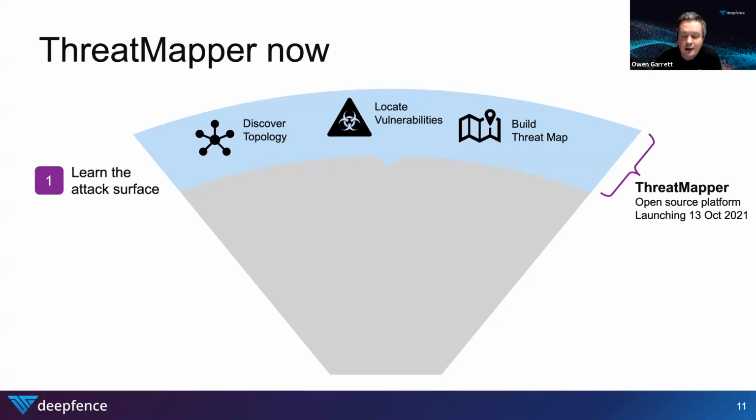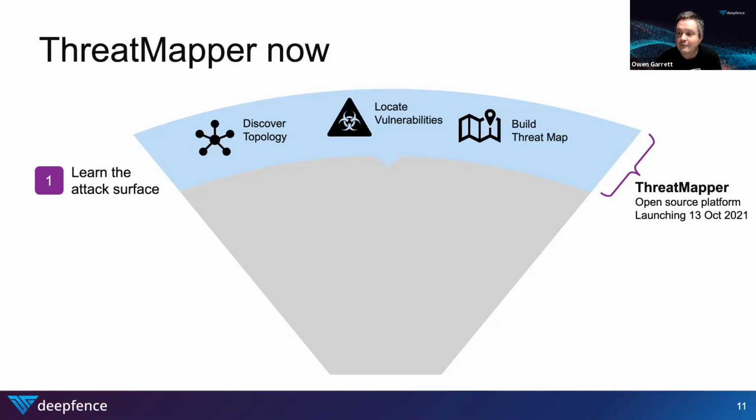In that release, ThreatMapper is able to discover the topology of the applications running on your infrastructure, supporting multiple clouds, so querying Google, Azure, Kubernetes, Fargate, serverless, and other environments to learn the topology, what is deployed, and then retrieve manifests from those deployed objects and the underlying hosts to, as Sandeep showed, identify vulnerabilities that may be present in those individual components.